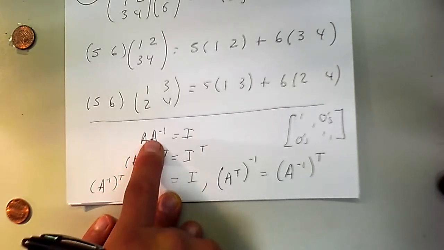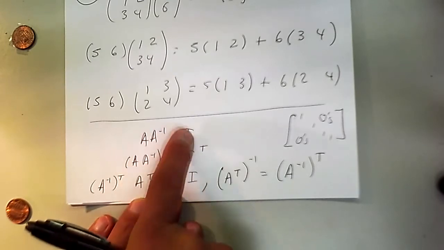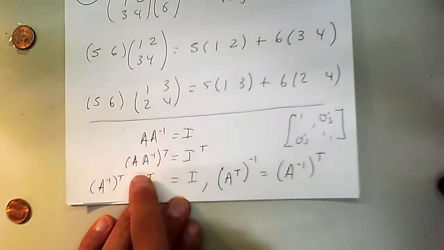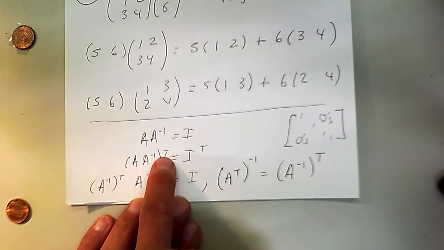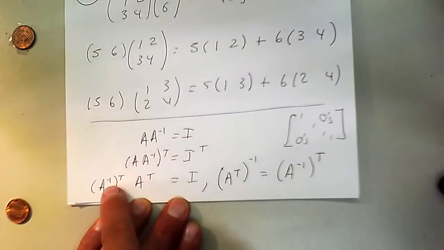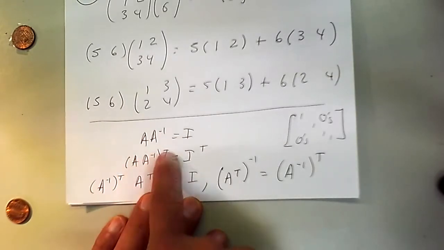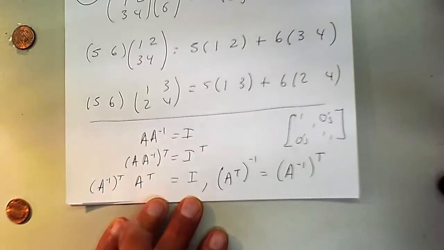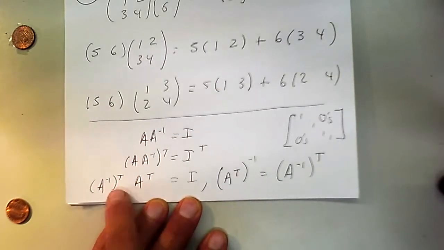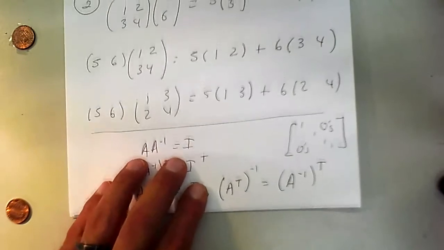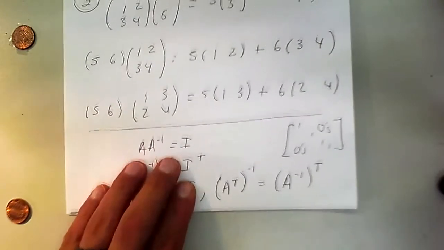And it relies on the definition of inverse, which relies on the definition of identity. And then it relies also on the fact that when we have a product and we transpose, we have to reverse the order in order to distribute the transposition. And then back again to the definition of identity, or definition of inverse matrix rather.